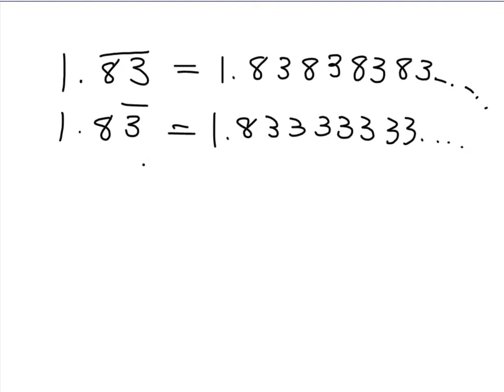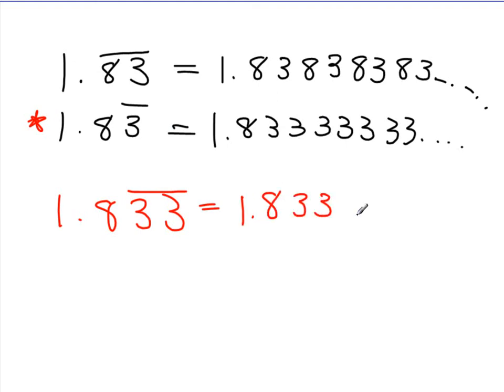Now, some bad habits, besides the bar getting crazy and covering more letters than it should, is this. And this I should never see from you. Now, you might be saying, Miss B, that's the same thing as this guy, right? And I'd say, yeah, you're kind of right, because 1.8, now 3 repeats itself, so you have 3, then 3, then 3, keeps on going, right?